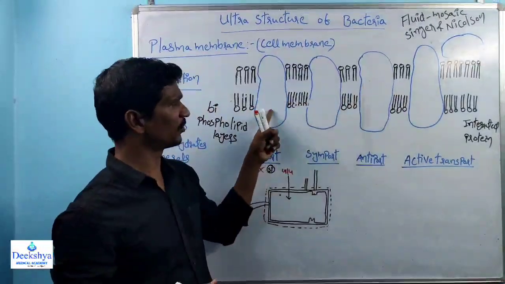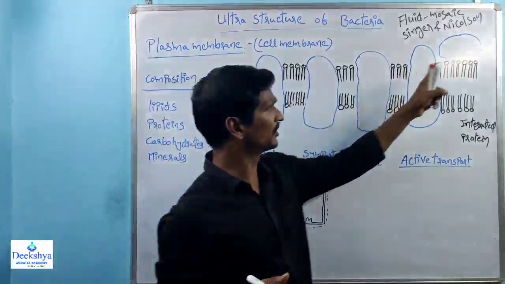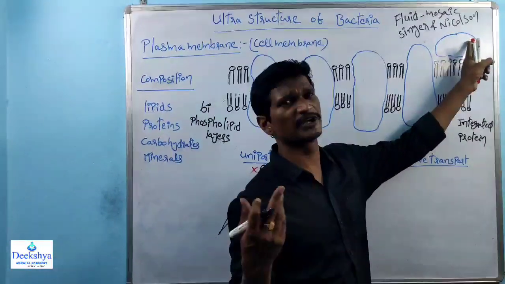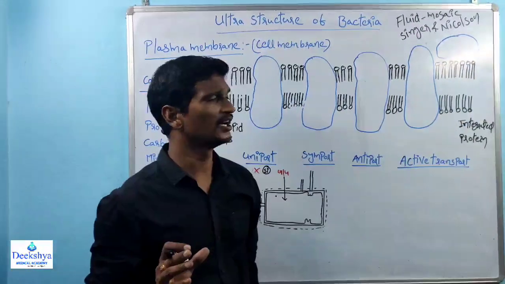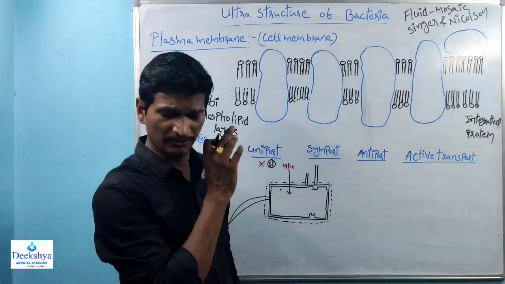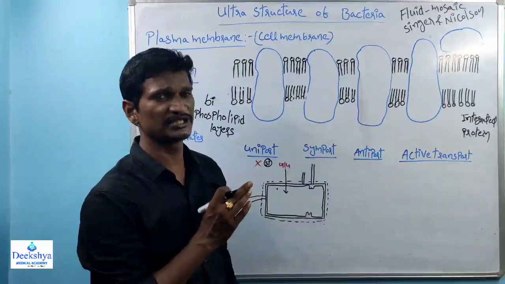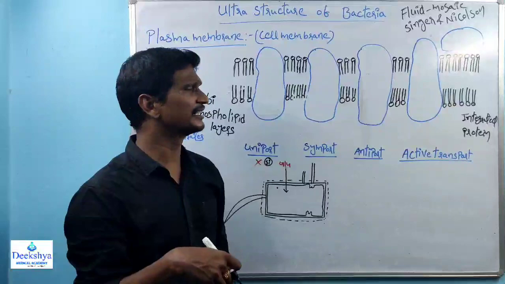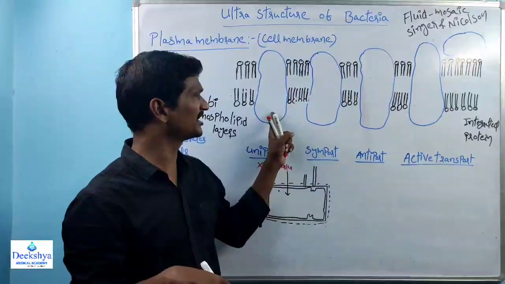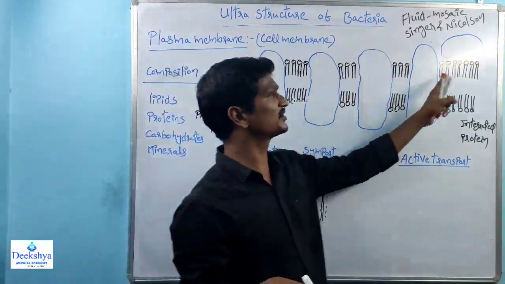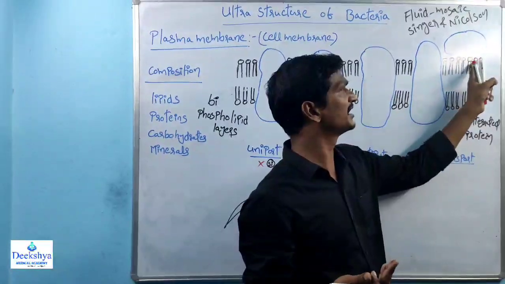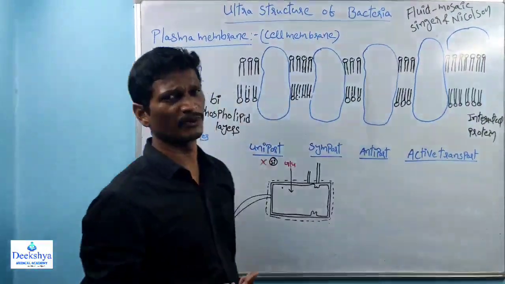The inserted proteins are called integral proteins. Outside proteins are called peripheral proteins. So based on the arrangement of proteins here, within plasma membrane two types of proteins are there. Some are integrated within the lipid layers; these are called integral proteins. Some are present outside the lipid layer; these are called peripheral proteins.